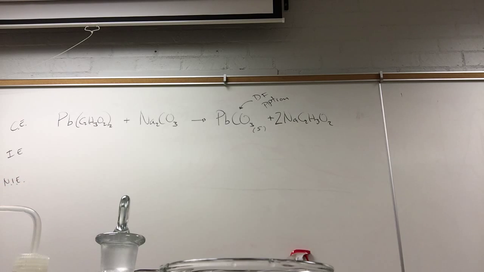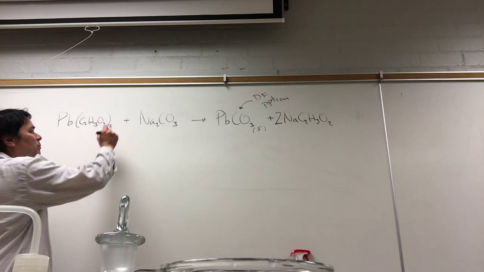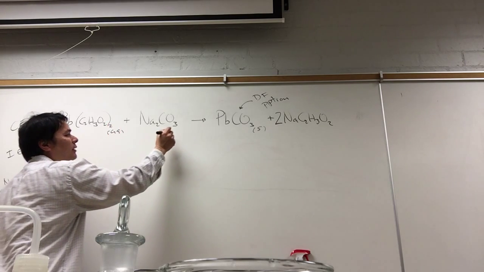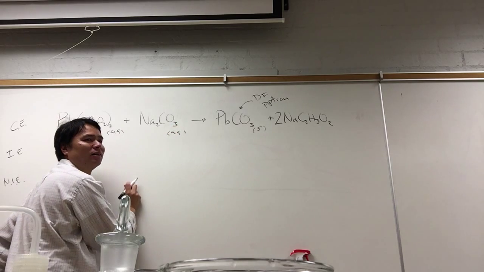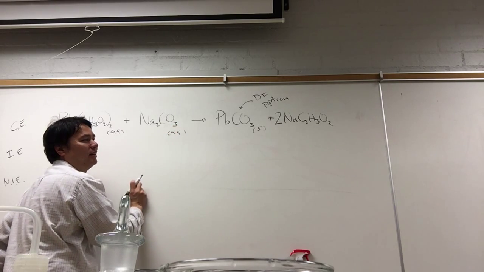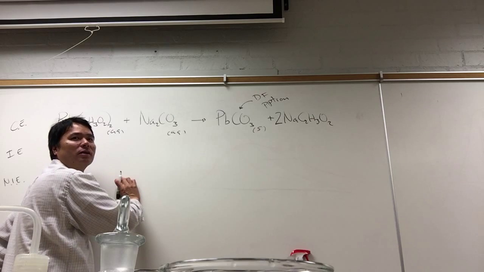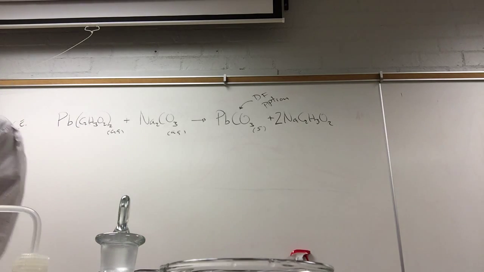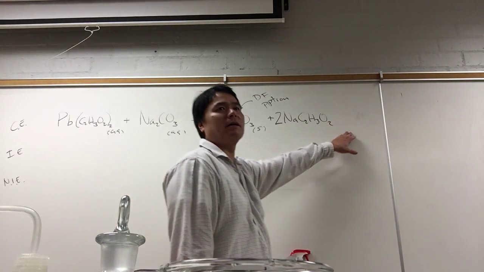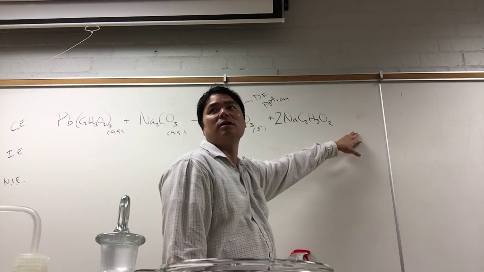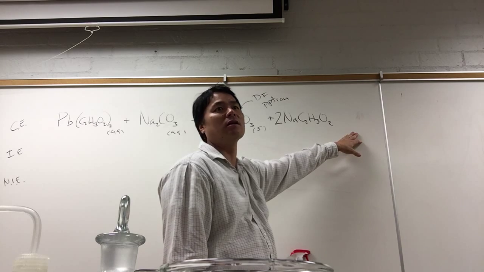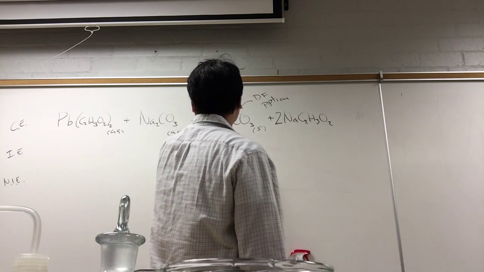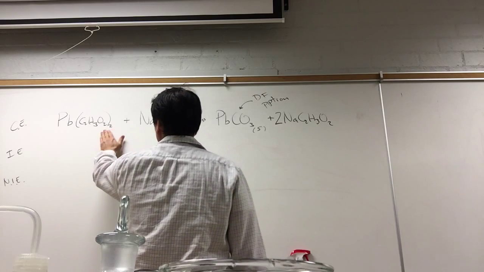Some of the common errors here: people will do aq, and then they get tired. They don't want to write one more aq. And so they write these aqs and they think that's good enough. But is that good enough? No, it's not good enough because then I have to mark this one wrong because I don't know what you're talking about, the solid, liquid, or gas. So that's a common error.